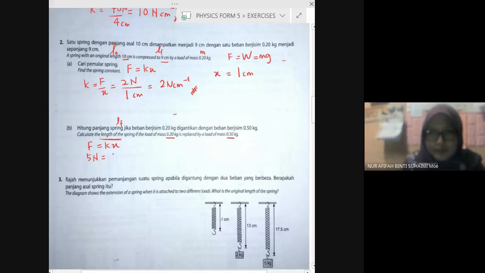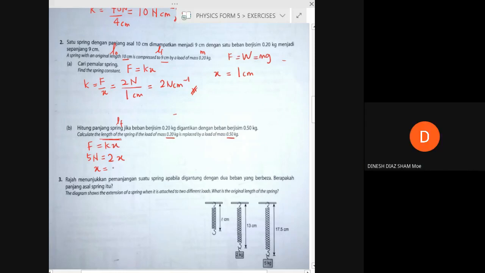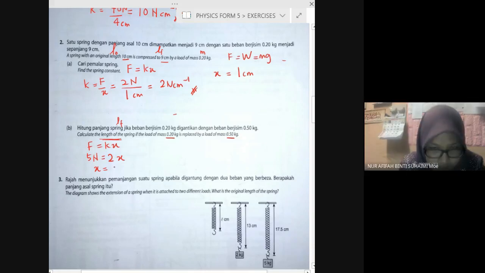We have calculated the K at 2A. So you just substitute the K, which is 2 Newton cm negative 1, and X. So the extension of the spring becomes 5 over 2. 5 divided by 2.